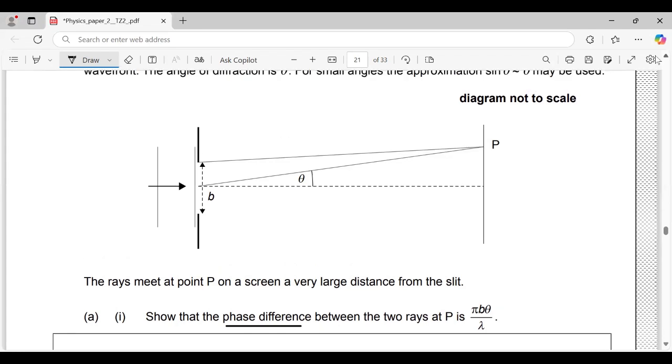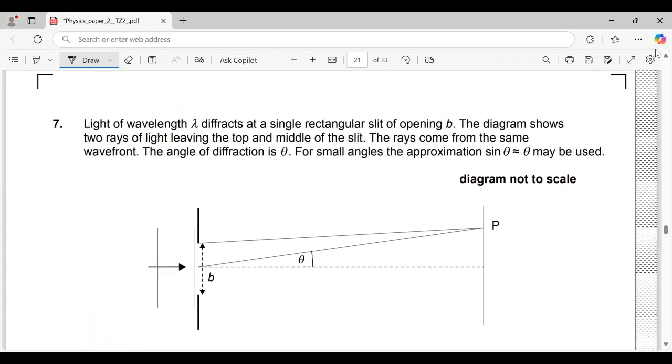For identification, the first, according to this information, we have several pieces of information. Lambda is the wavelength, and then b is the slit width, this width of this slit.